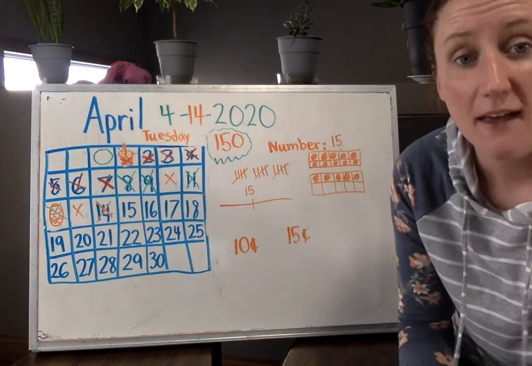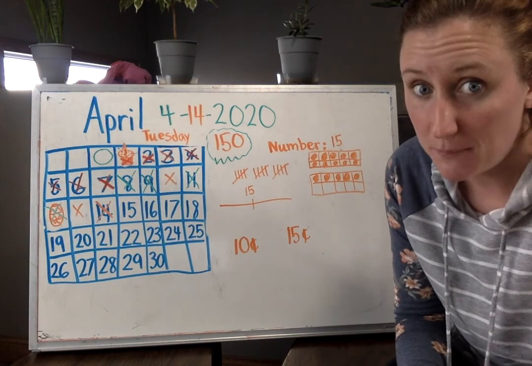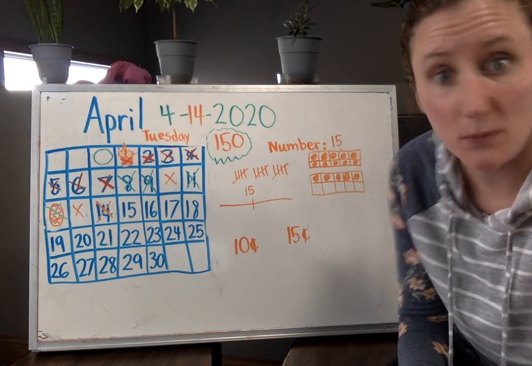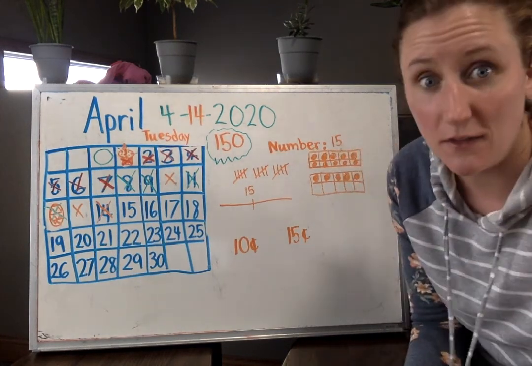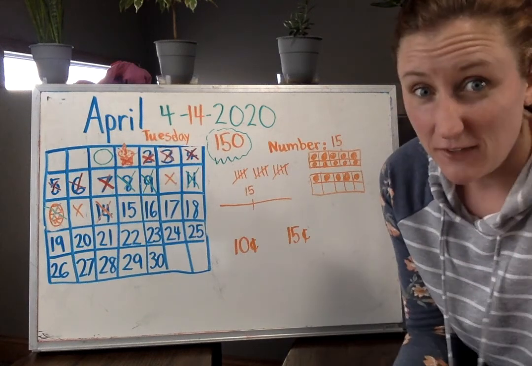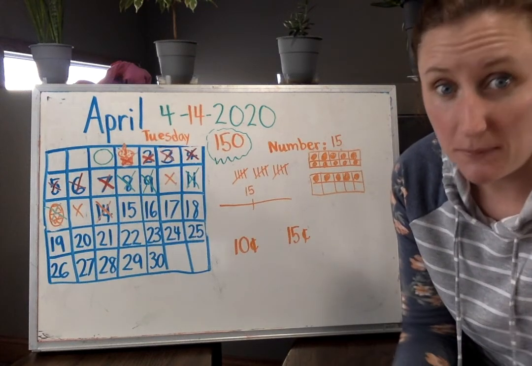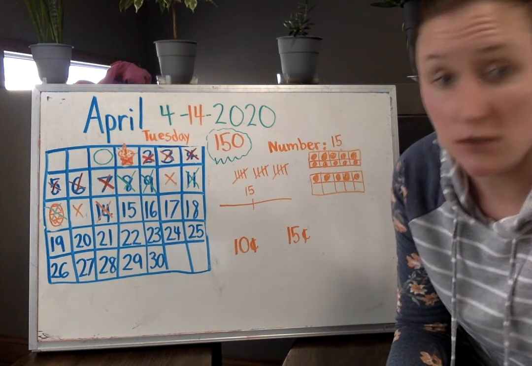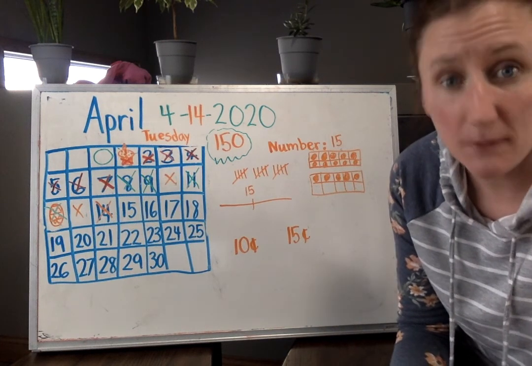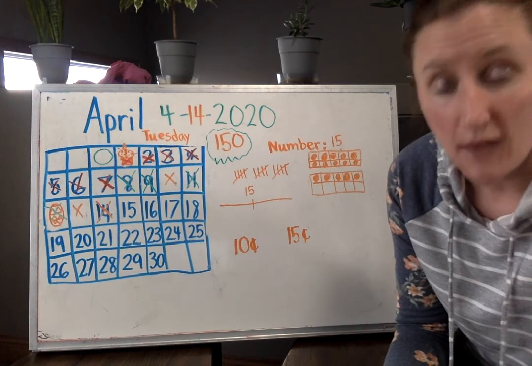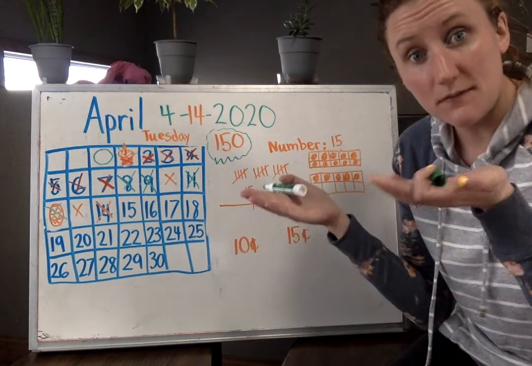Say that with me. 15. Remember, the number 15 is the number 1 and 5 together. What's kind of fun about the number 15 when we make tally marks is that there are 3 groups of 5. Remember when we counted 5s? 5, 10, 15.